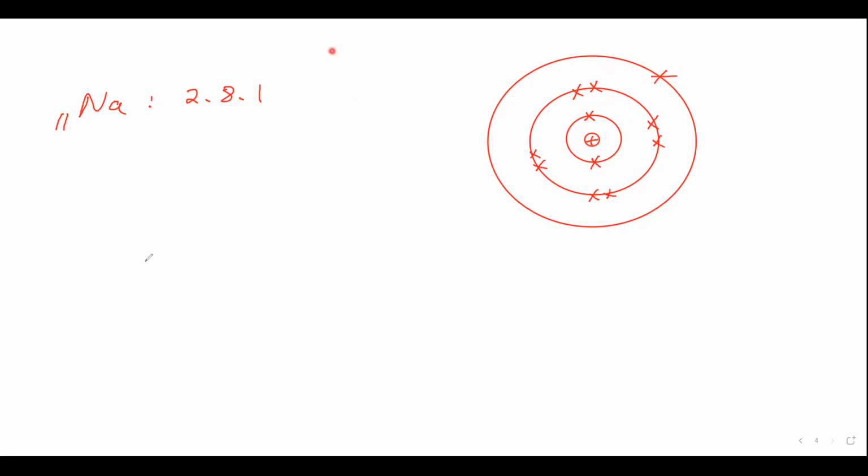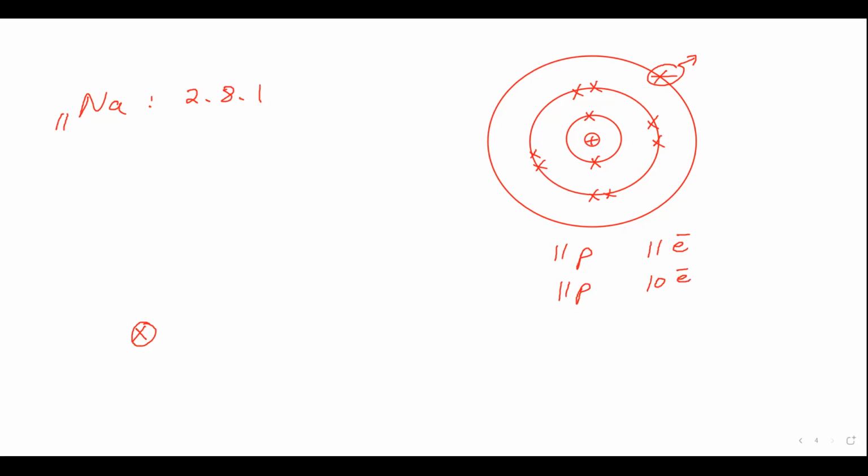So, for example, this is the value of the ionization energy needed to remove this electron. We had in the sodium atom 11 protons and 11 electrons. Now, when we remove this first electron by the first ionization energy, we find that we still have 11 protons and now we have 10 electrons.